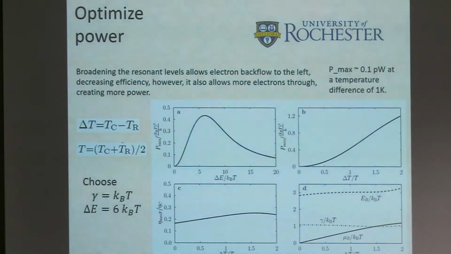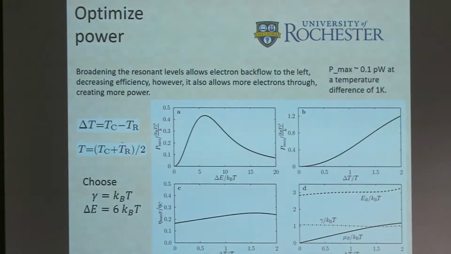Good. All right, so then we can do things like optimizing power, optimizing efficiency, optimizing efficiency at maximum power. So here are some of the curves. This is power versus the energy difference delta E. So this is maximum power. You see that there's some sweet spot here. I want to make the energy difference about the same as the temperature.